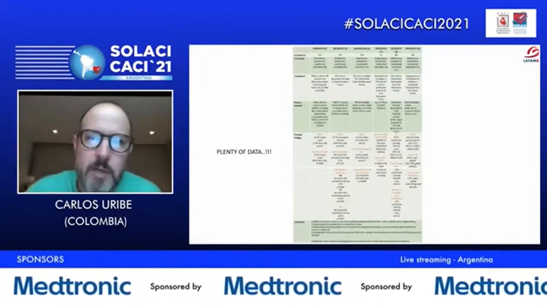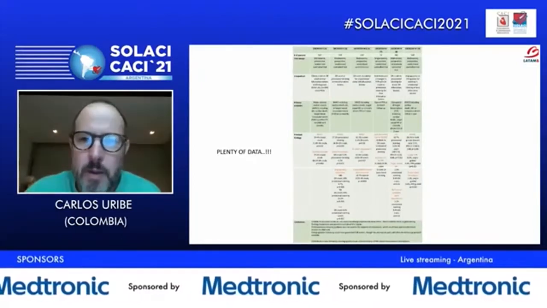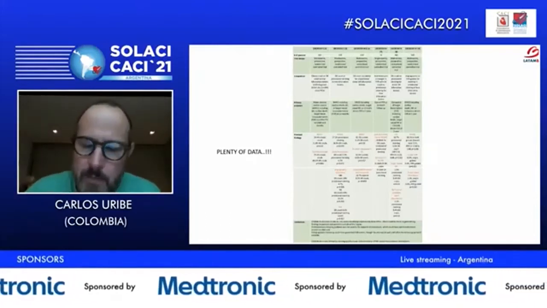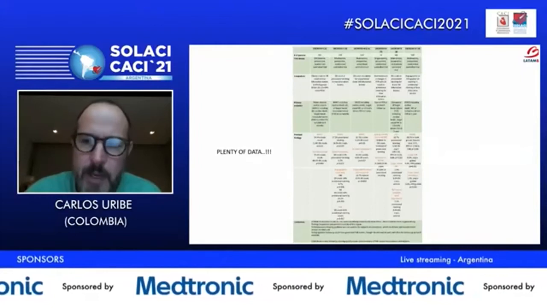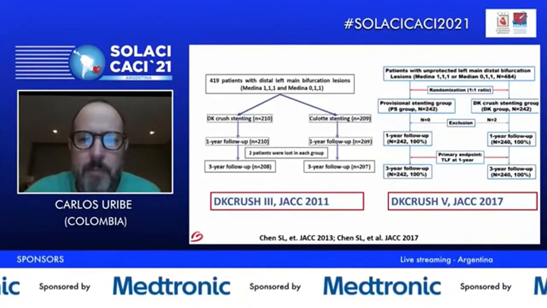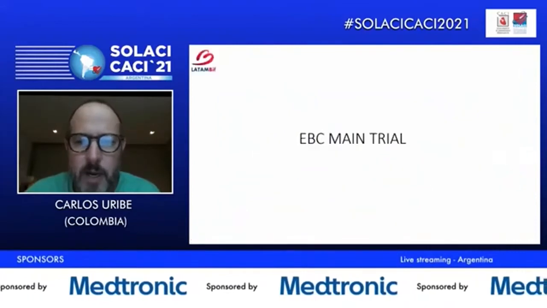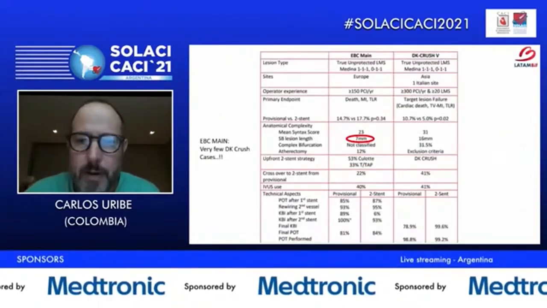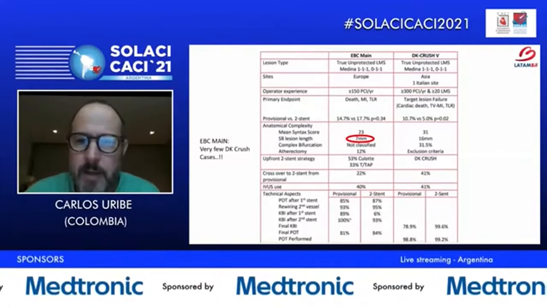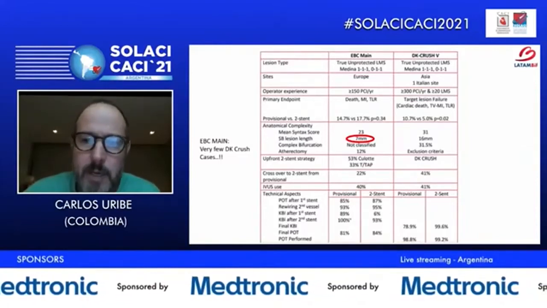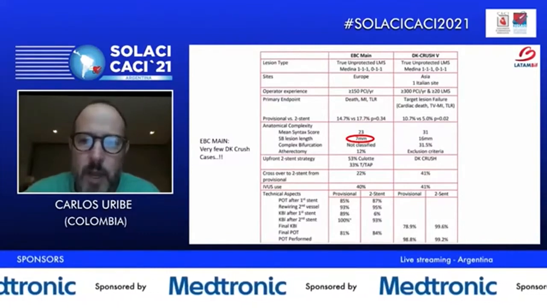I was quite disappointed by the EBC main. I don't know what Dr. Costa thinks about it, but I was quite disappointed because I expected to have more patients with DK Crush, but DK Crush use was really, really small percentage.